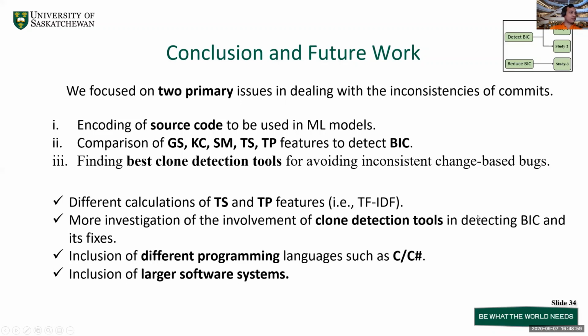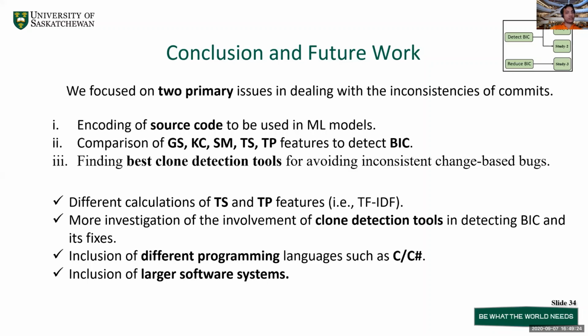Here are some future plans. First, I want to do TF-IDF or other types of calculation, as I just included the count-based calculation of token patterns. I want to include other types of calculation to see whether they change the efficiency or performance measures.